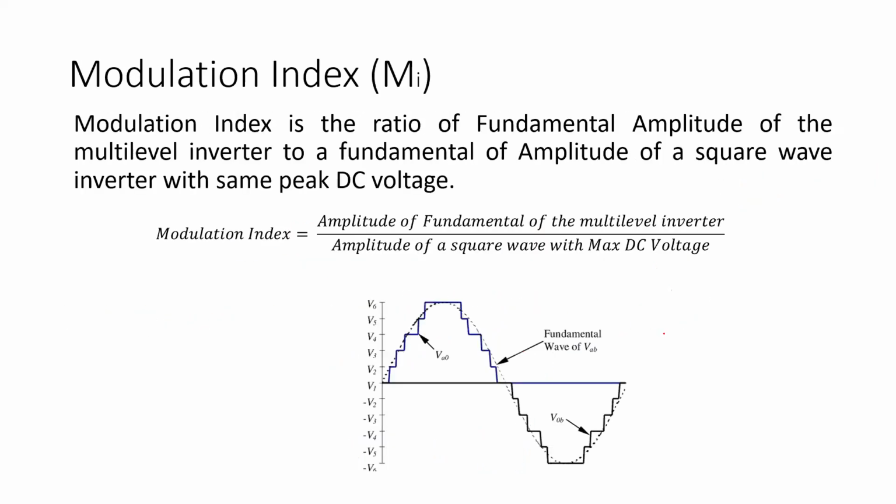Then we have something called the modulation index. The modulation index is an index you can use to compare your multi-level inverter to a square wave inverter. We take the amplitude of the fundamental of the multi-level inverter and take the ratio to the amplitude of a square wave with the max DC voltage, that is, the fundamental amplitude of a square wave inverter.